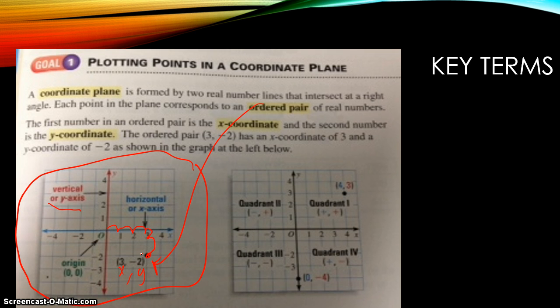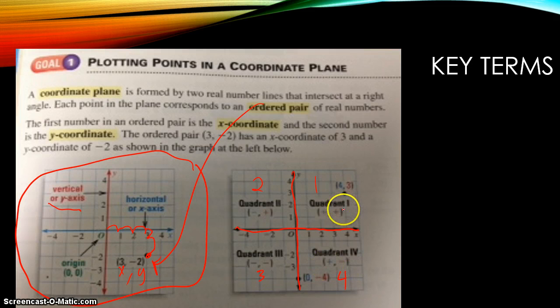Now, on the second picture here, we see that when the x and y axes intersect each other, the coordinate plane is broken into 4 quadrants. You have to memorize these. Counterclockwise: quadrant 1, quadrant 2, quadrant 3, and quadrant 4.